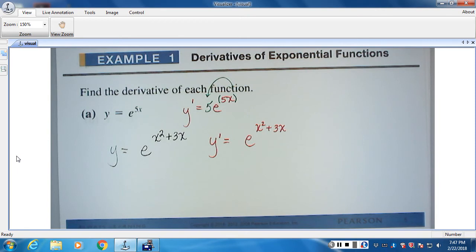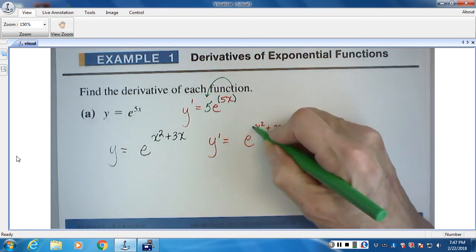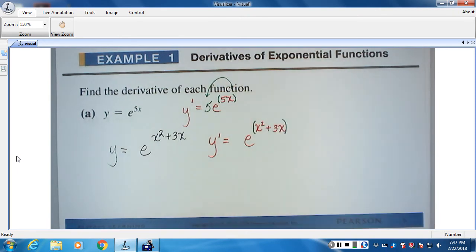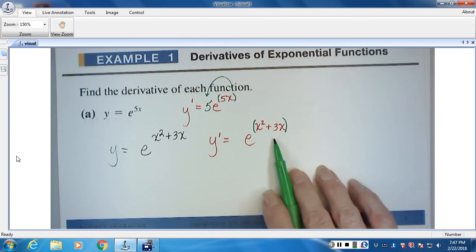But because this is an expression, not just x, which would have had a derivative of 1, and the derivative of 1 doesn't change anything, this actually has a derivative that's not 1.